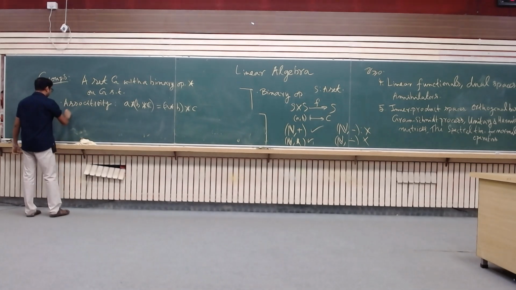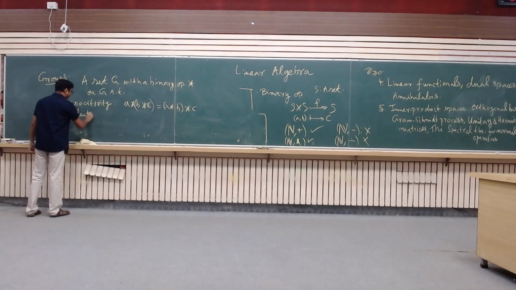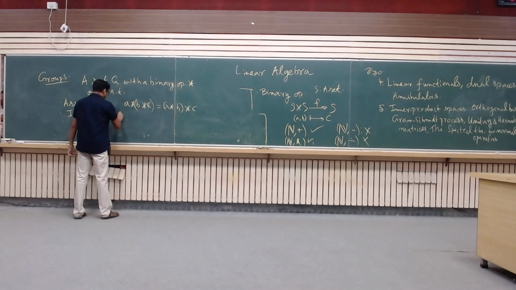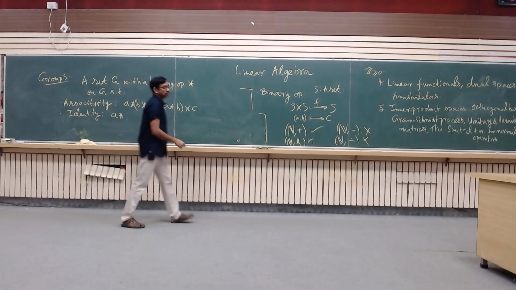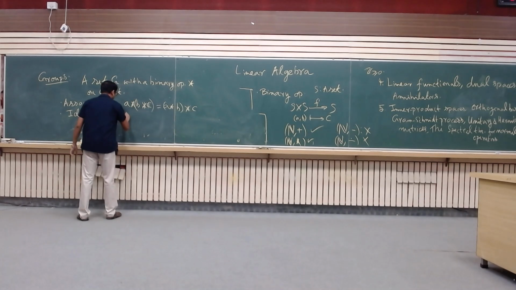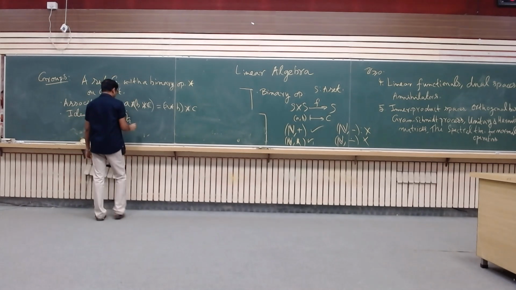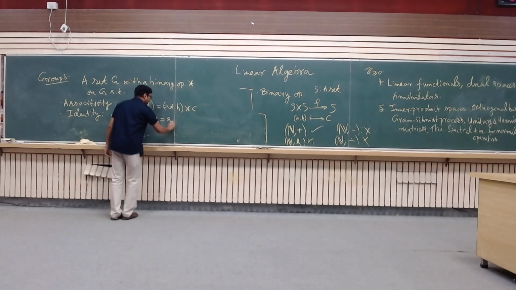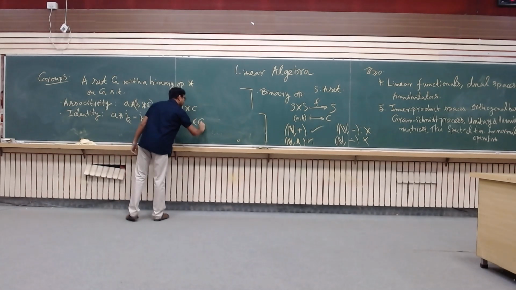And then identity. There exists some identity element of this group G, so that A star Ig is equal to Ig star A equal to A for all A in G.